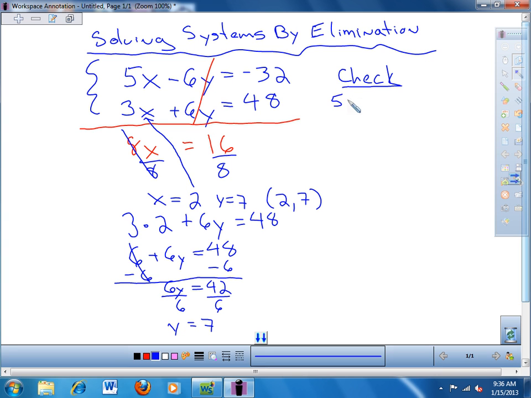So 5 times 2 minus 6 times 7. 5 times 2 is 10, minus 6 times 7 is 42. Does that equal negative 32? Yes. Negative 32 equals negative 32. So the numbers I came up with for x and y must be the correct solution. Pretty straightforward.